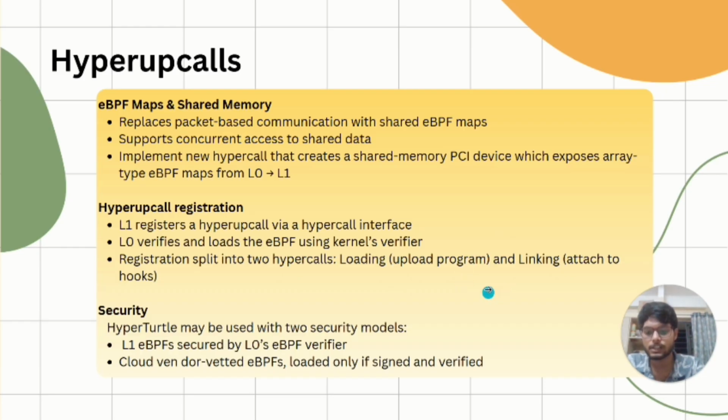HyperTurtle supports two security models: L1-provided eBPF, which is verified by the L0 eBPF verifier to ensure it is safe to run, and vendor-provided eBPF, which is only loaded if it is signed and verified, typically by a cloud vendor. Both models guarantee that eBPF can only access its own L2 and memory space, ensuring strong isolation between tenants.